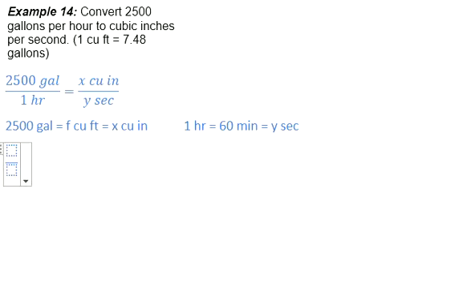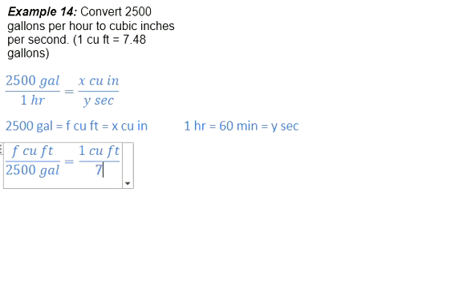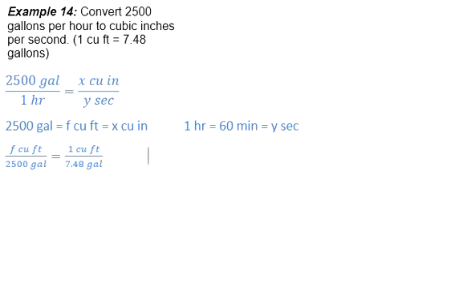First I need to have F cubic feet for 2,500 gallons. Compare that to the rate they give us, that 1 cubic foot is equal to 7.48 gallons. So we multiply both sides by my 2,500 gallons. That's all going to cancel out on the left side.